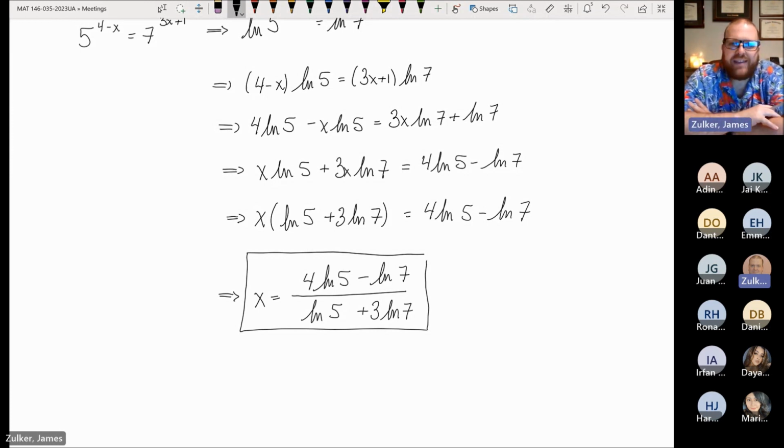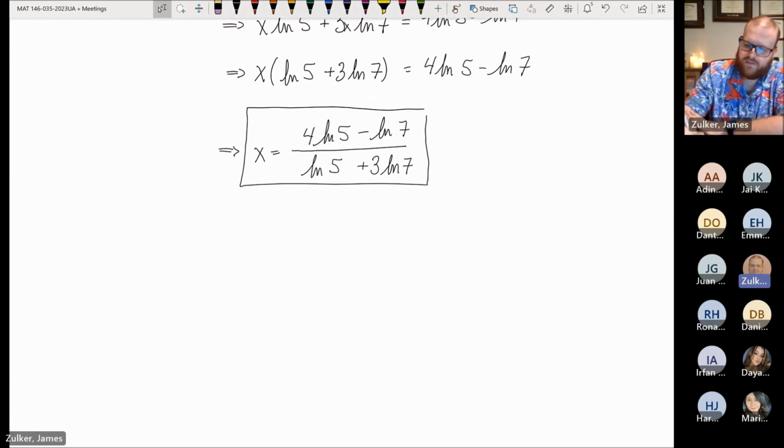Again, you could get fancy, and try to simplify this, again using the properties of logs. Right, 5 to the 4th power is 625. That would be the numerator.